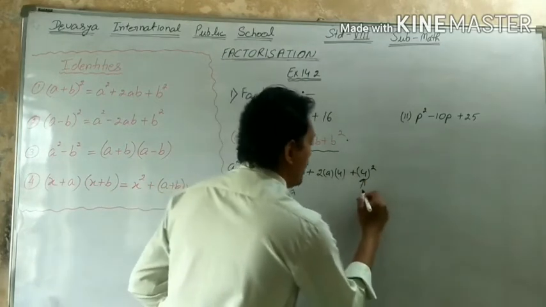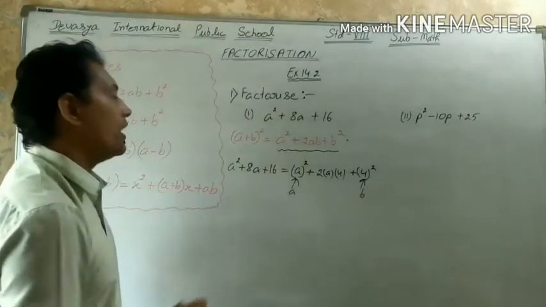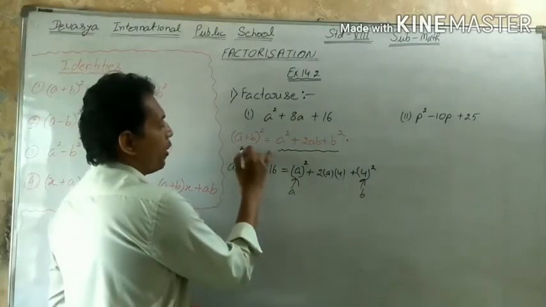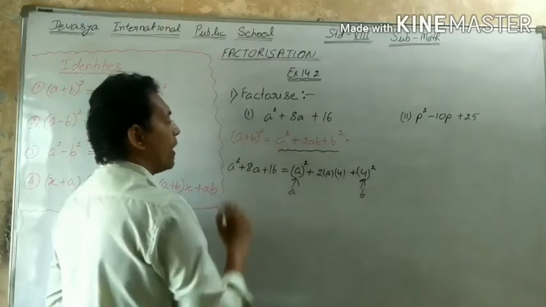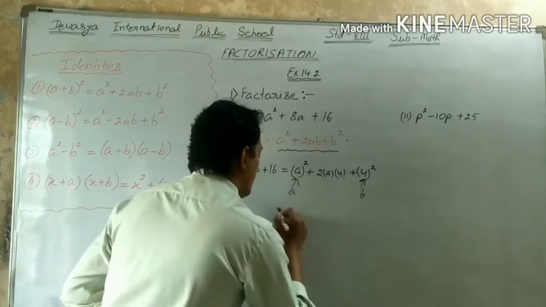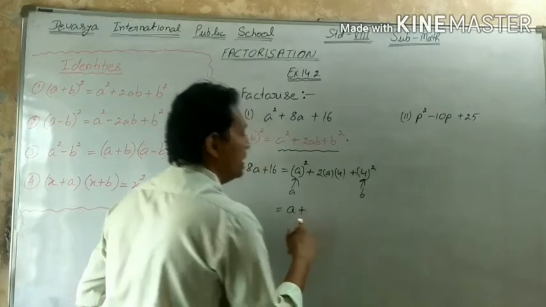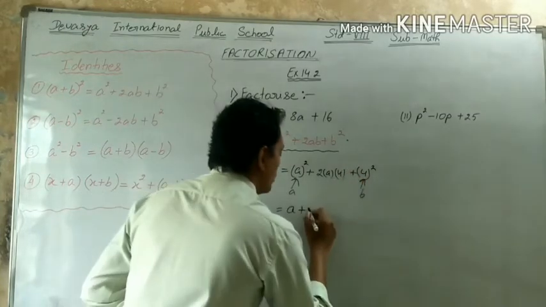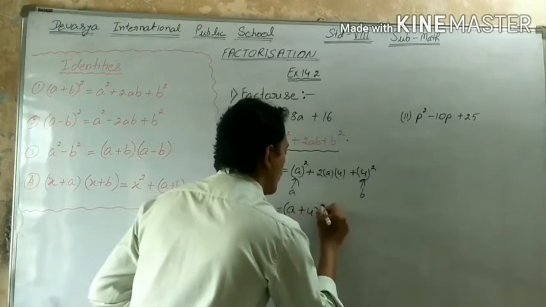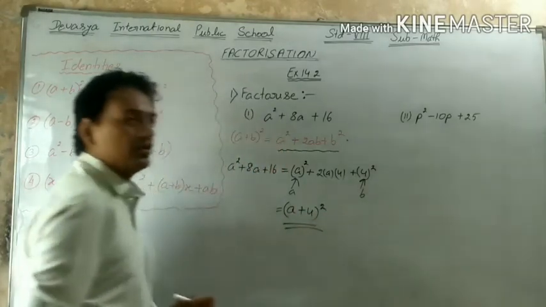So this is your a and this is your b. Now we can factorize this by corresponding to the left hand side of the identity, that is (a plus b) whole square. So we write a plus b. What is b here? The quantity in the last bracket, that is 4. (a plus 4) whole square. So this is your factorization.